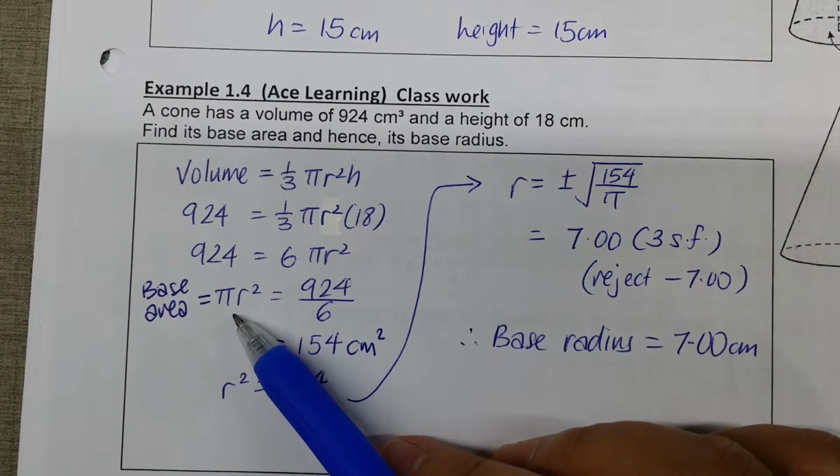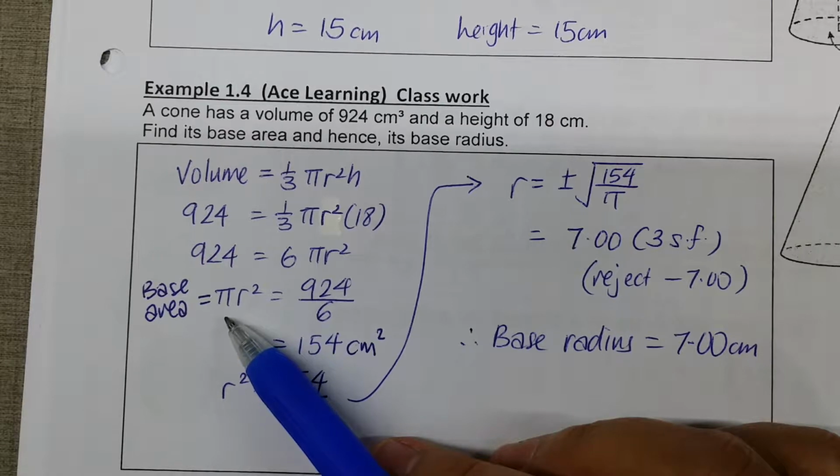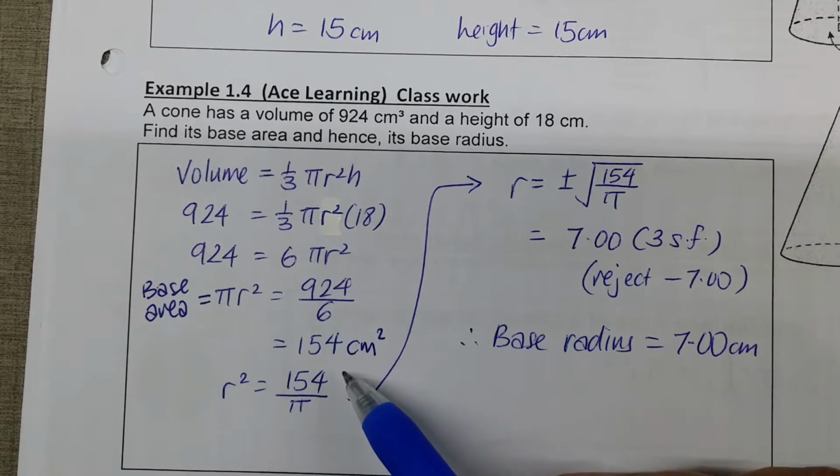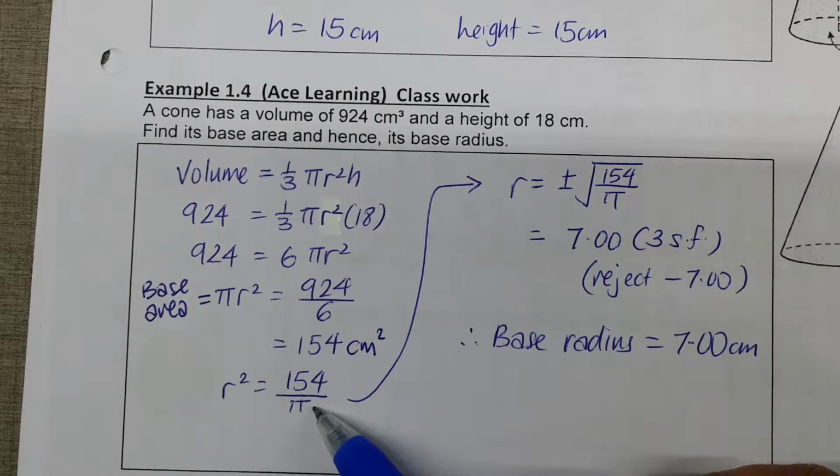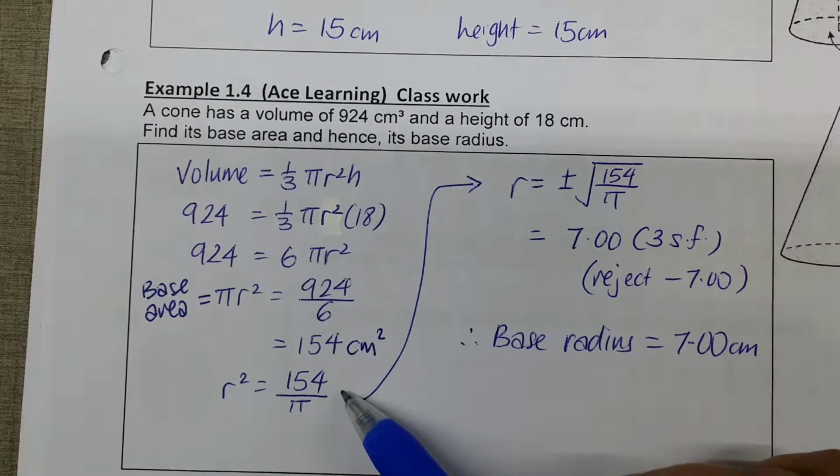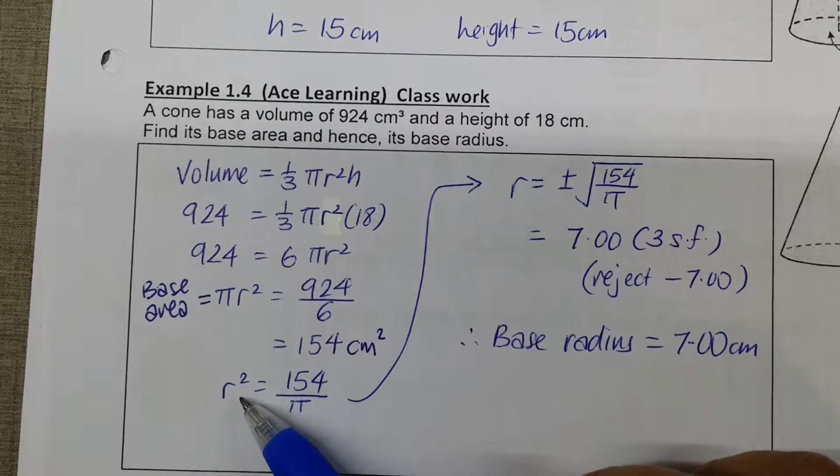Then look at the pi over here. If I want to find radius, I need to get rid of the pi, right? So divide by pi, I get 154 divided by pi. But there is a square over here. So how do I get rid of the square? Yes, I square root both sides.